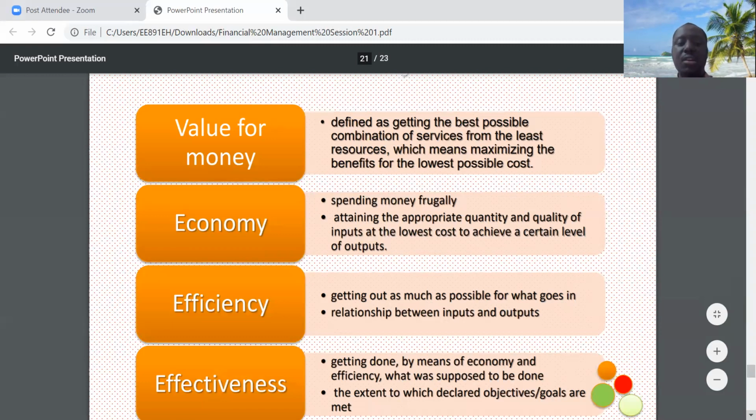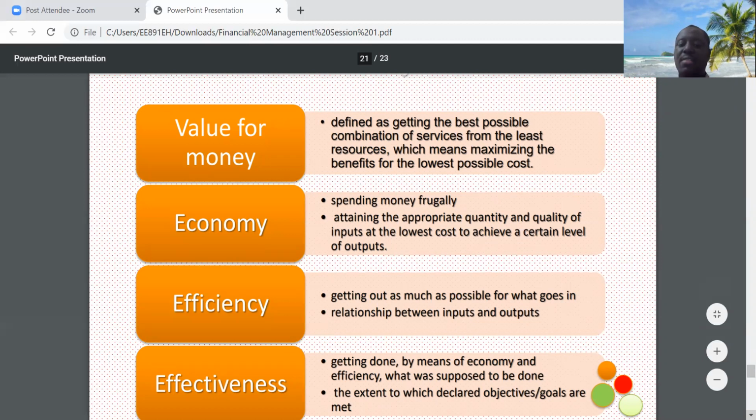You also have efficiency. Efficiency is getting out as much as possible for what you put in. It's basically the relationship between inputs and outputs. Then you have effectiveness.